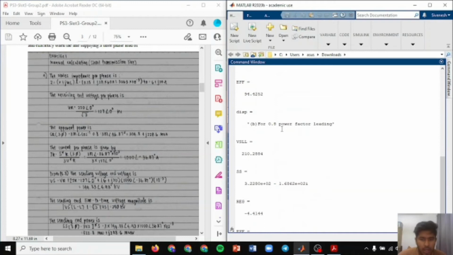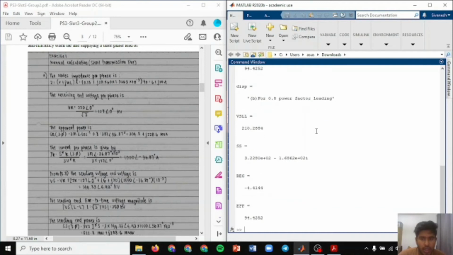For the next part, 0.8 power factor leading, we got the value of VSLL, and this is the value of SS. This is the answer we got for regulation, and this is the final one for EFF.